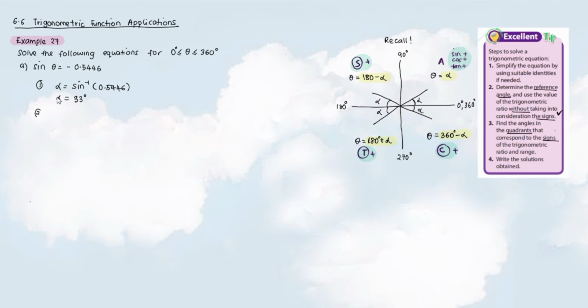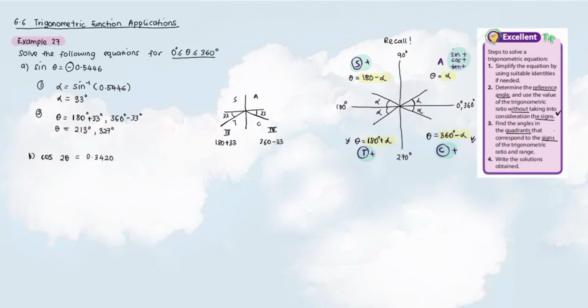From the equation, we know that sin theta is negative. So sin negative is in the third quadrant and the fourth quadrant. The formula in the third quadrant is 180 plus 33, and fourth quadrant is 360 minus 33. So theta is 213 degrees and 327 degrees.